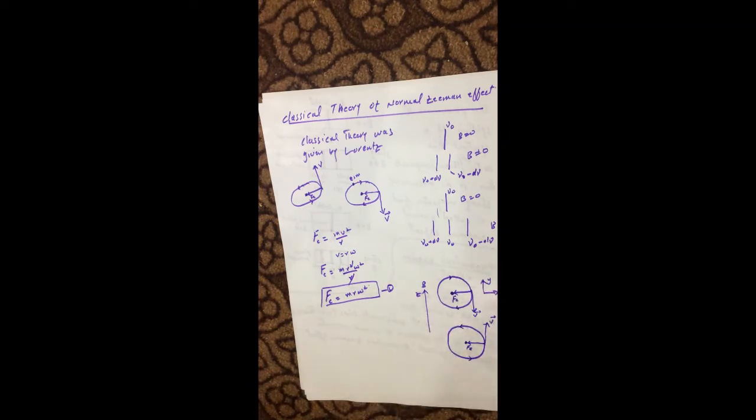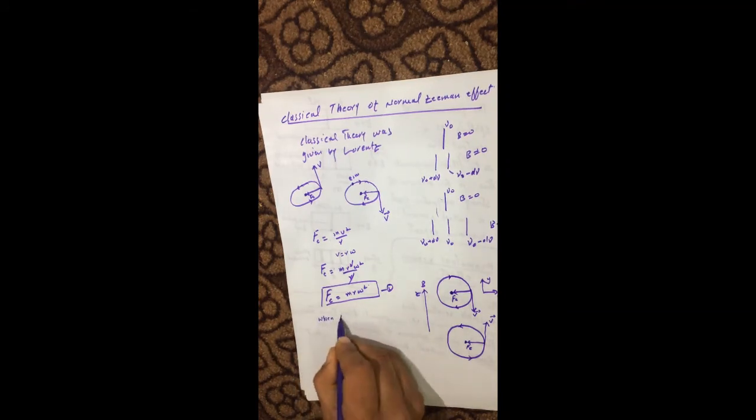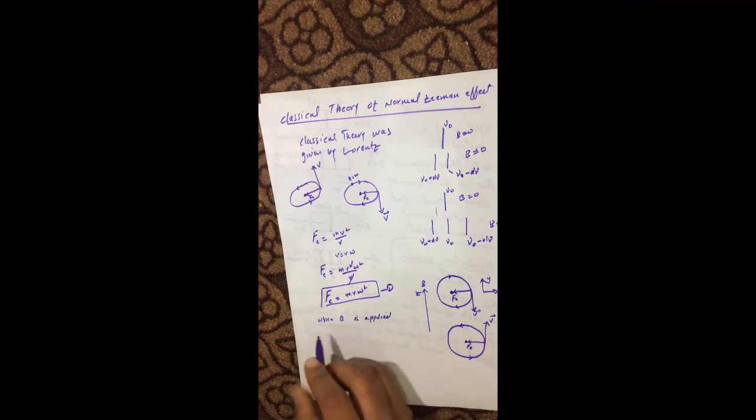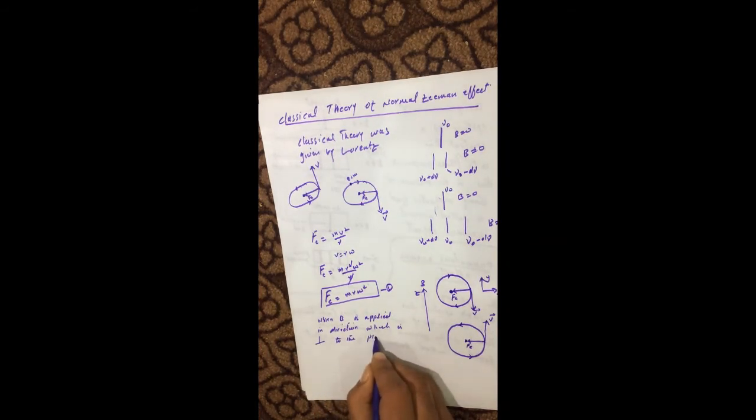Now, when an external magnetic field B is applied in a direction which is perpendicular to the plane of the orbit, then an additional force starts acting on the electron.